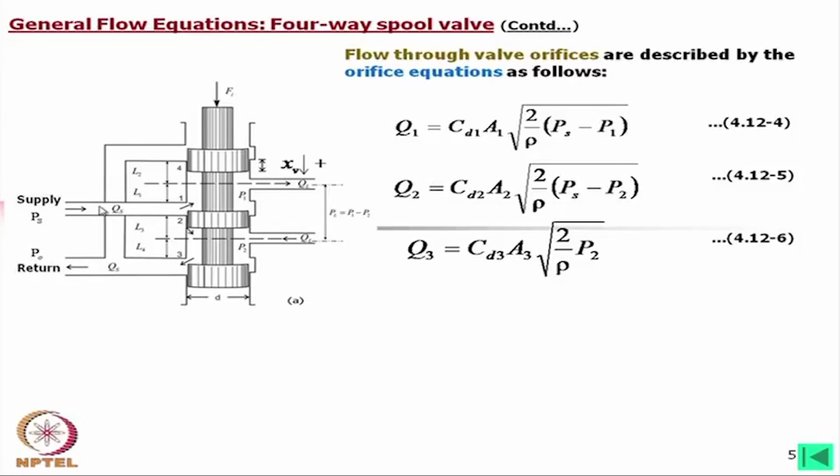Suppose in this system we have a pressure, let us consider 11 megapascal. If you measure it in a pressure transducer or simply a pressure gauge, suppose you notice it is 11 megapascals, and on the return side, as there are filters and other things, you may find that this is 1 megapascal.